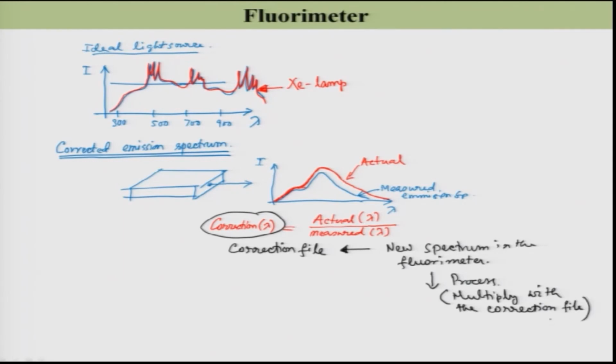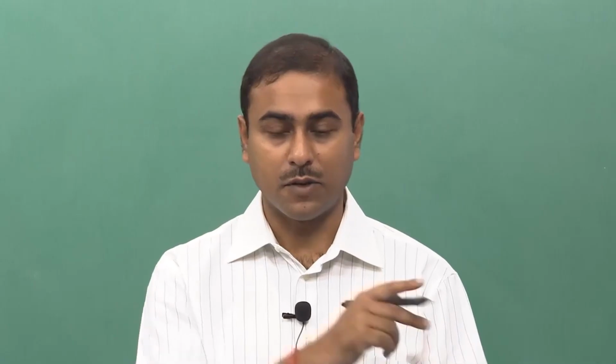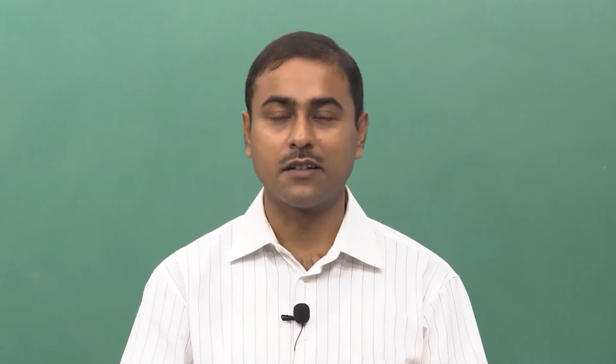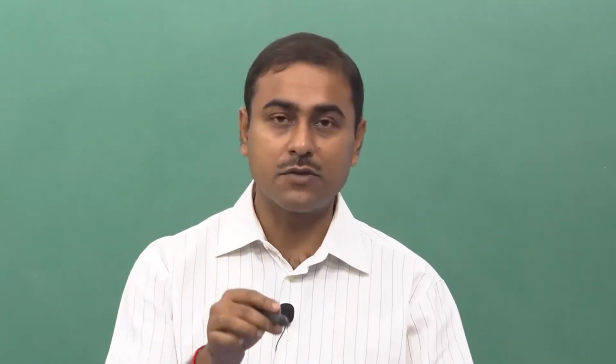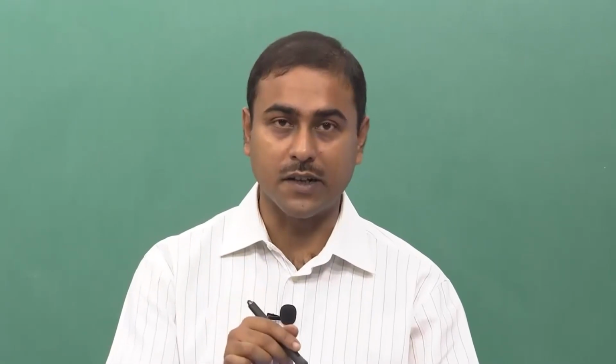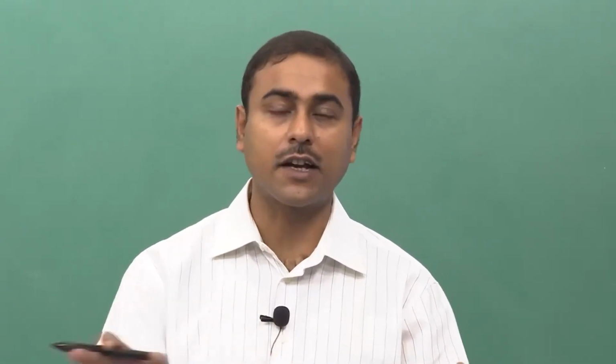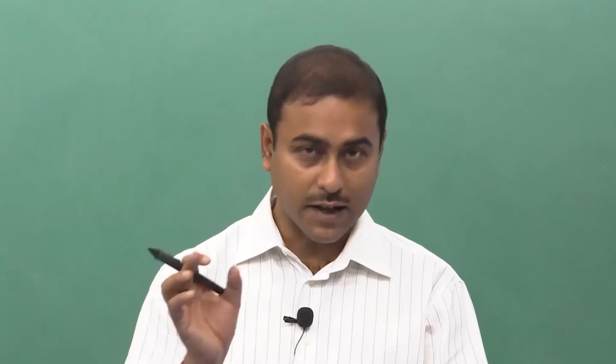Note that this correction file is specific for your instrument. For my instrument, the correction file is different from your instrument, his instrument, or her instrument, because the detector and the monochromator used to develop this instrument are unique. The two detectors are not identical, so the correction file for my instrument will be different from your instrument.